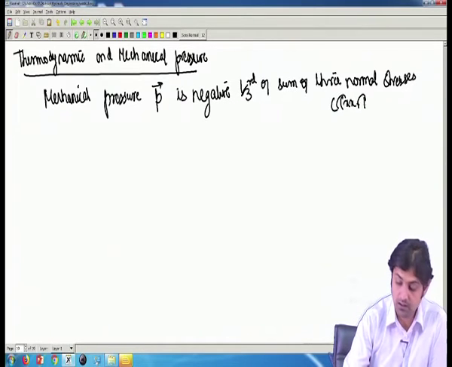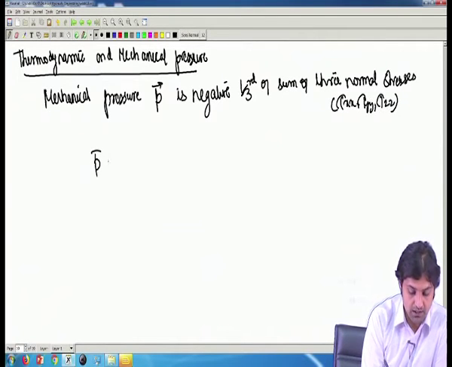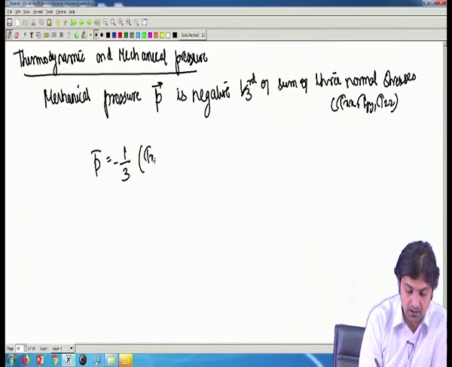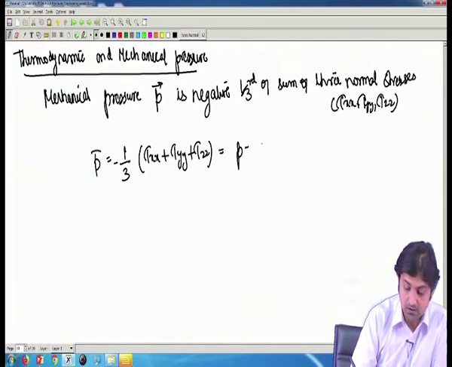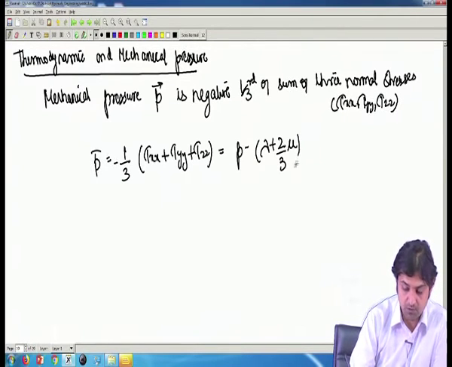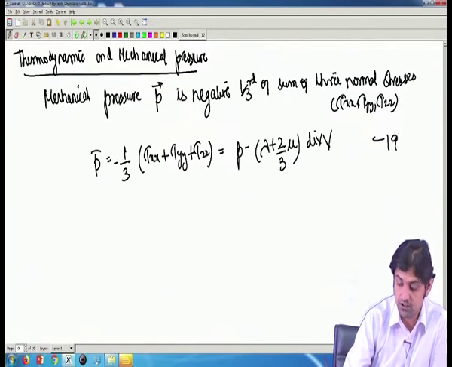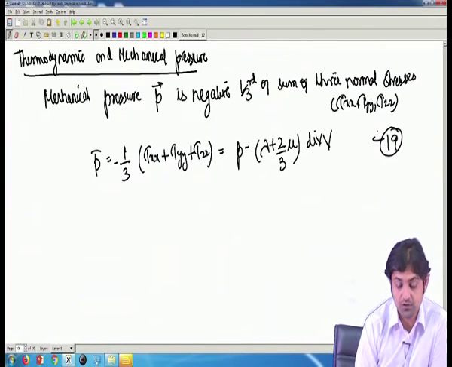Tau xx, tau yy and tau zz. So P bar can be written as minus 1/3 (tau xx plus tau yy plus tau zz), or it is written as minus (lambda plus 2/3 mu) divergence of V, and this is equation number 19. If you substitute the values of tau xx, tau yy and tau zz using the previous equation, this is what you are going to get.